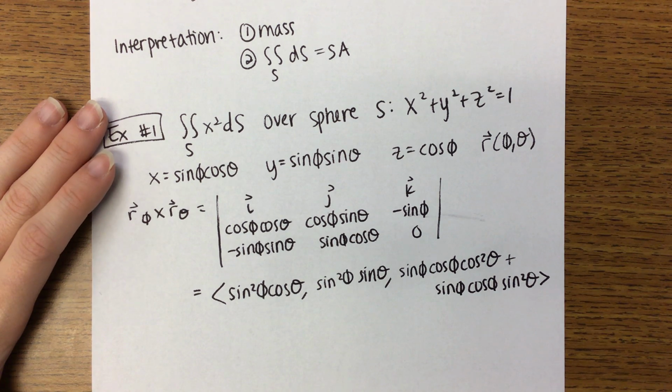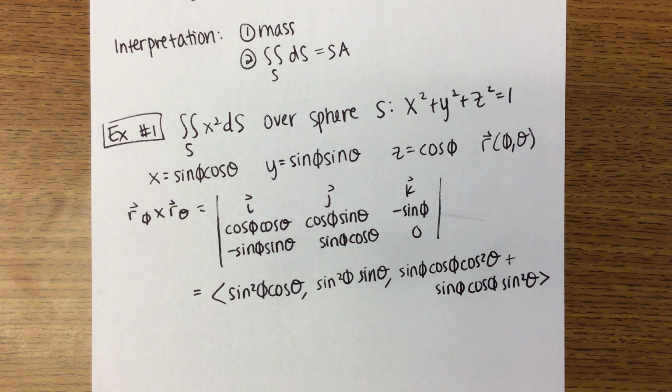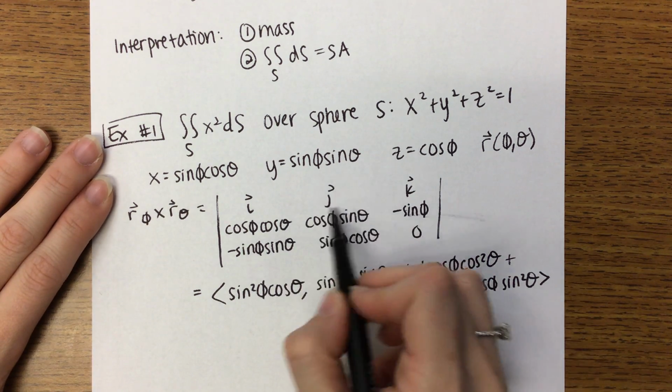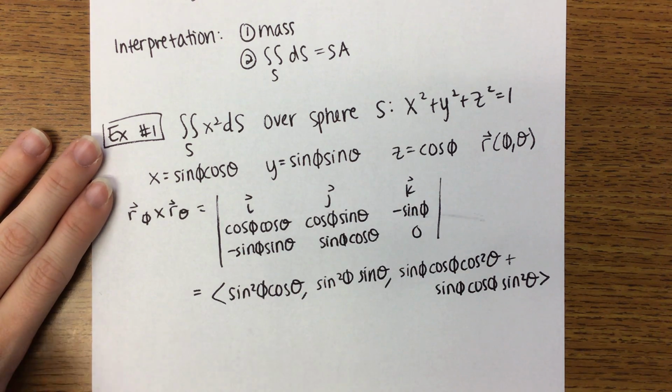Am I going too quickly, Brian? It's 0 minus sine squared phi sine theta. Which one are you talking about? The middle term? Yeah, 0 minus, but then remember the middle term, you flip the sign.